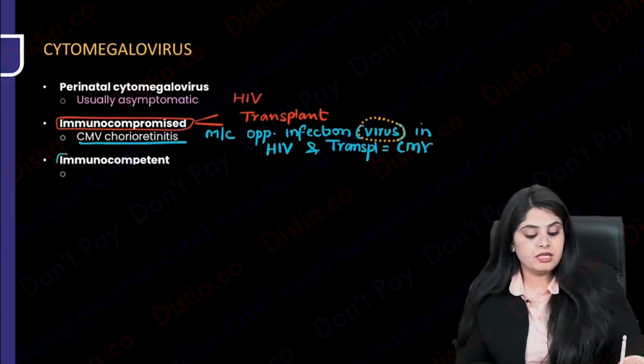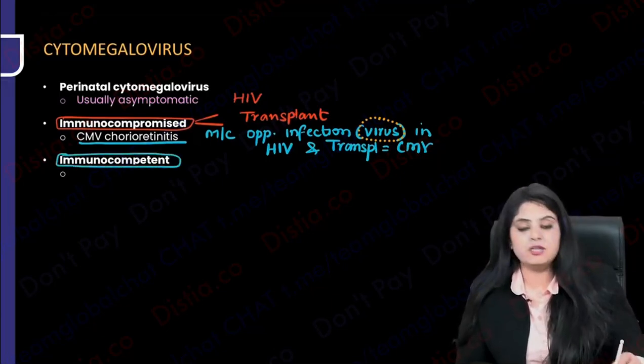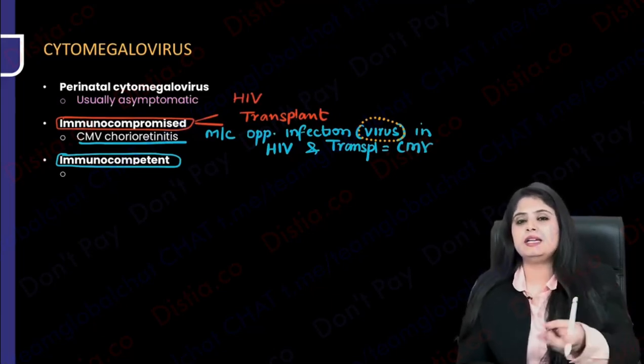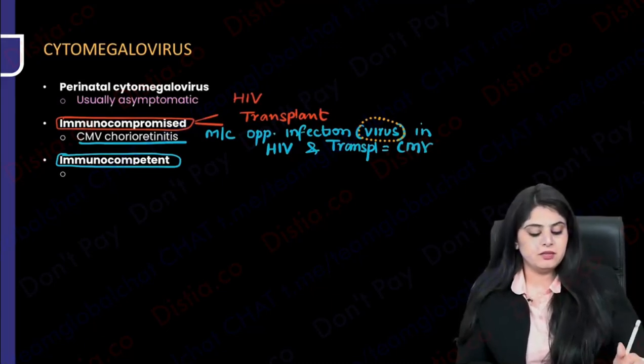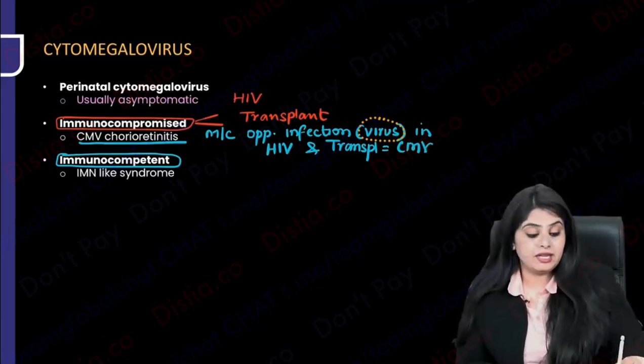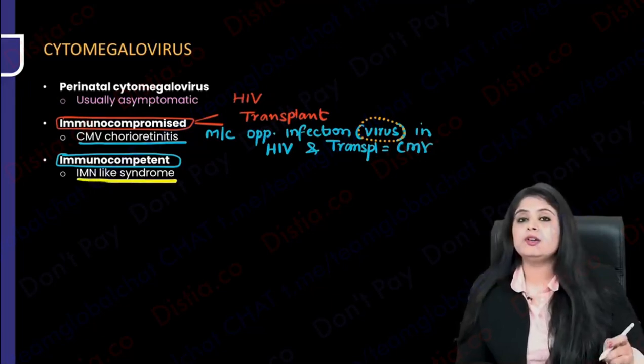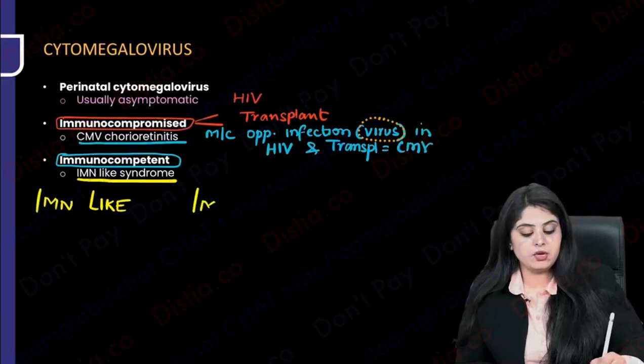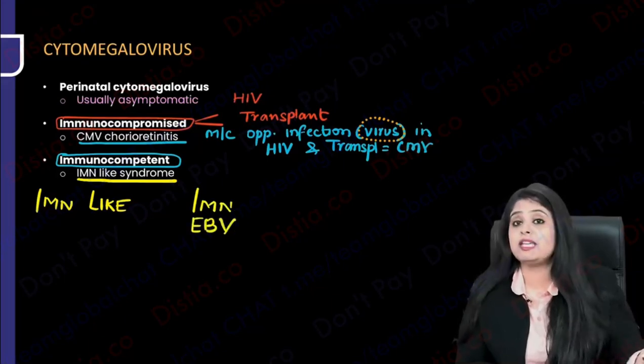Whereas if the immunity is very good, you will say, ma'am, immunity is good so a little bit of something will happen. Little bit of fever, little bit of some minor things will happen. That is known as infectious mononucleosis-like syndrome. Now, please note, I have said infectious mononucleosis-like. I have not called it infectious mononucleosis because infectious mononucleosis was caused by EBV.